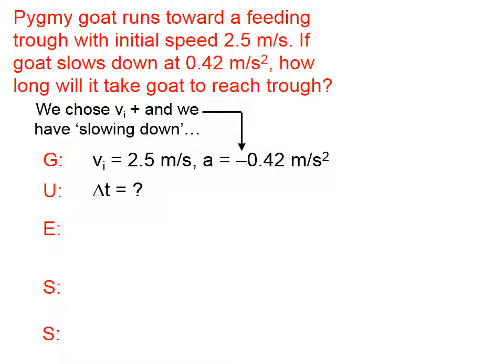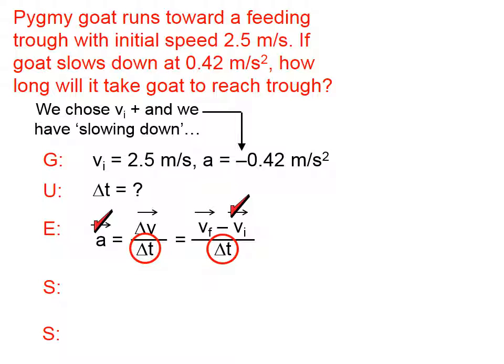So now let's find a relation that relates some of those quantities, and here we have the definition of acceleration. We know the initial velocity, we know the acceleration, and we're looking for the time.